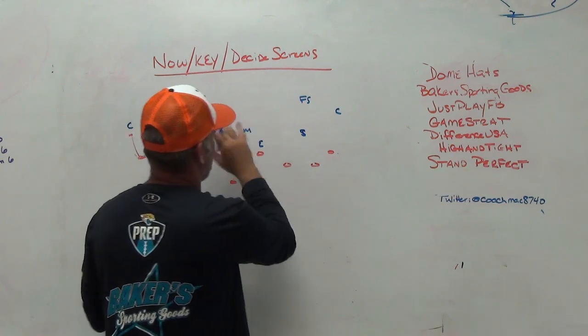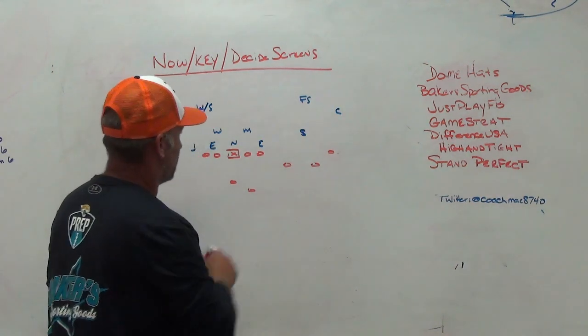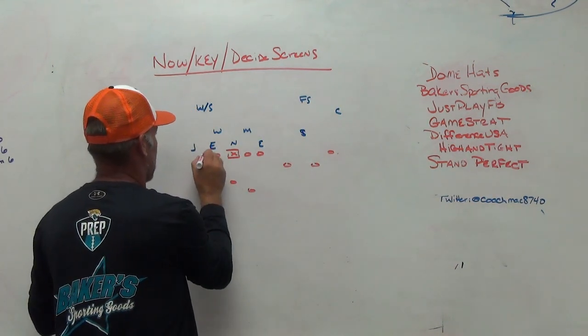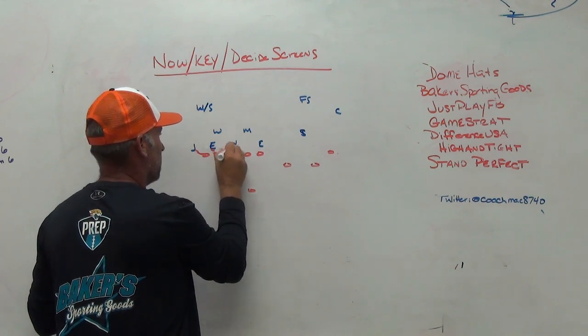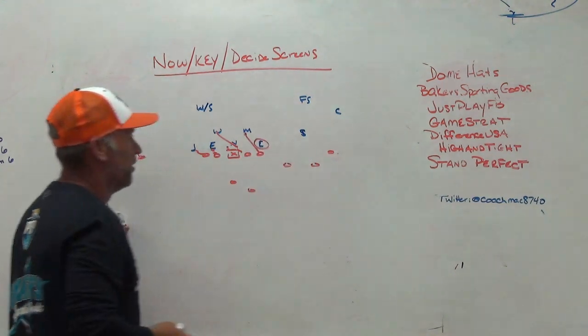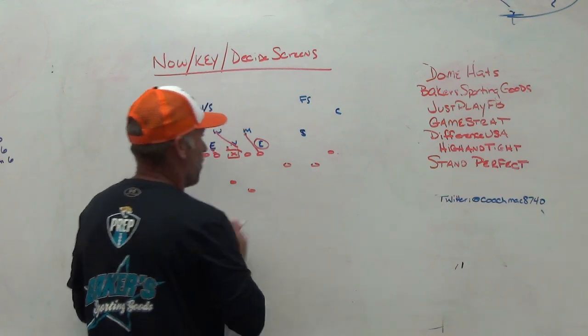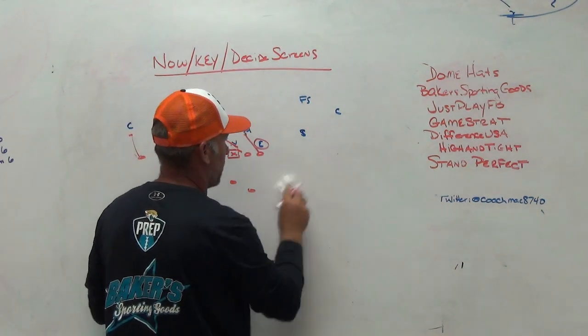But they leave the Will and the Mike in the box and they don't push them. And we want to run, let's just say for argument's sake, inside zone. And maybe we're going to read this defensive end.